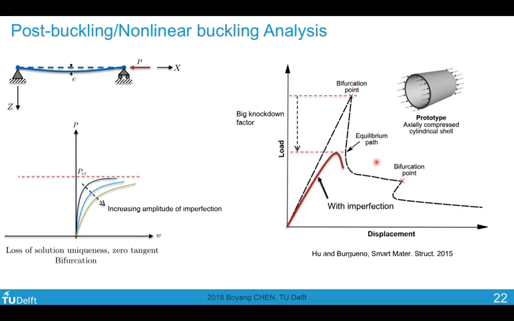There would be a very big knockdown factor for the buckling load. And there we need to perform a nonlinear buckling analysis with imperfections to more realistically estimate this buckling load. So this knockdown factor could be more than 50%. Many times for thinner shells, it could be even 80%.